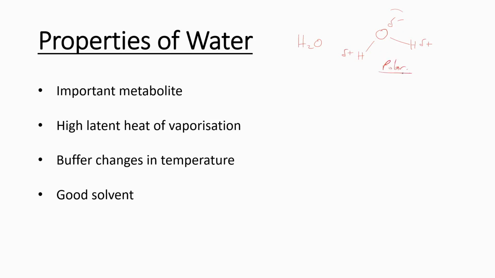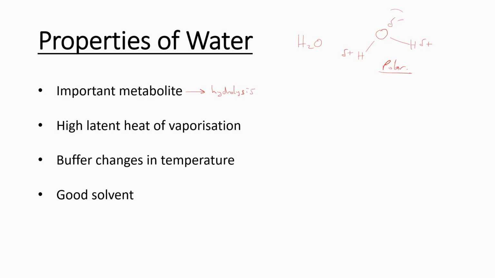What we mean by polar is that there's polarity. Oxygen has a slight negative charge, hydrogen has a slight positive charge, and so it has a slight charge. Water is an important metabolite. What that means is it participates in reactions such as hydrolysis. When we undergo hydrolysis, we're adding water, and we can use this to break glycosidic bonds between sugars, between monosaccharides.